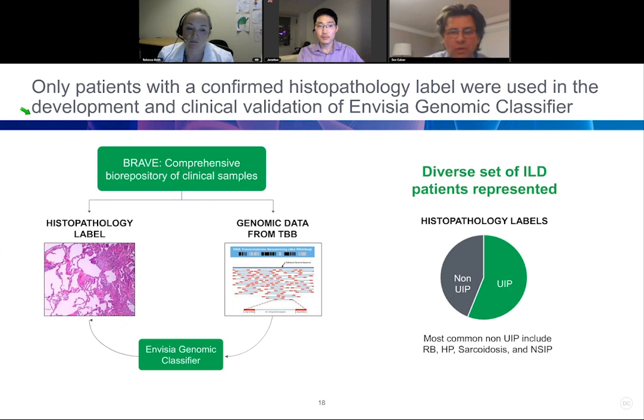So these very difficult histopathologies, you have to remember, the genomic classifier may not be applicable to those. You can see here that there's a pretty good split. A little more than half the patients in the BRAVE had UIP, and a little less than half had the things that we get confused about, including HP, NSIP, smoking-related lung disease. Those are the things we usually struggle with when we're trying to make a diagnosis of idiopathic interstitial pneumonias.